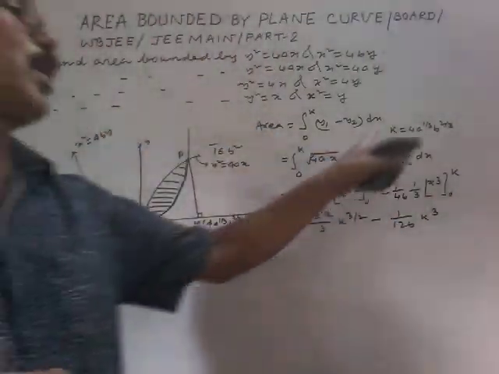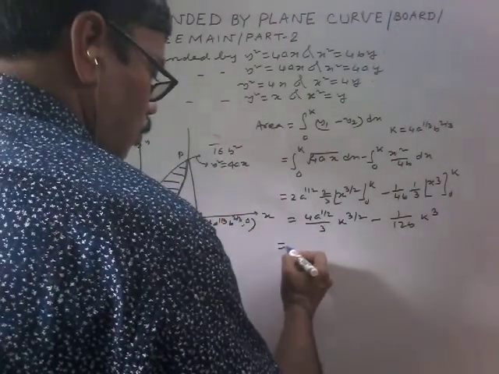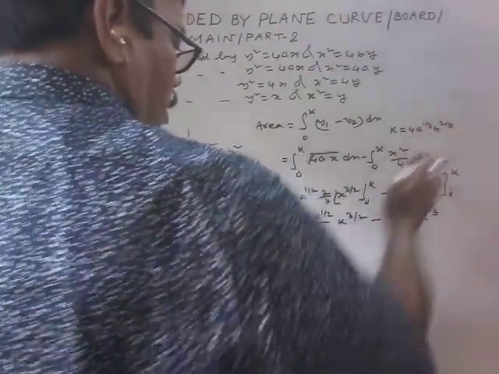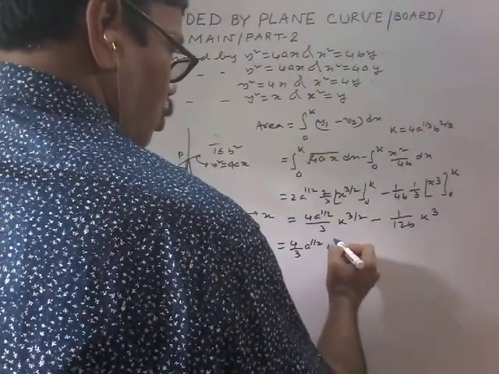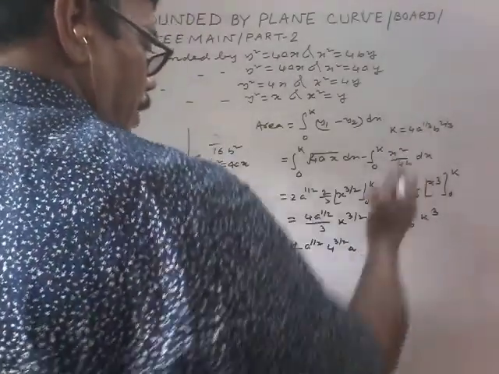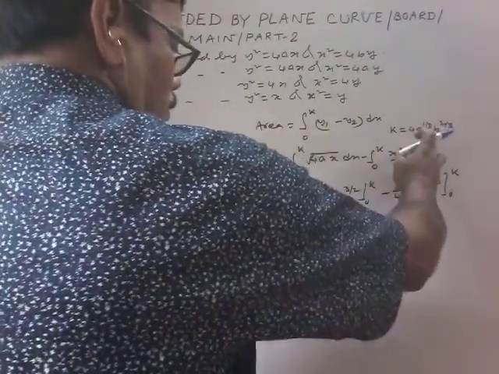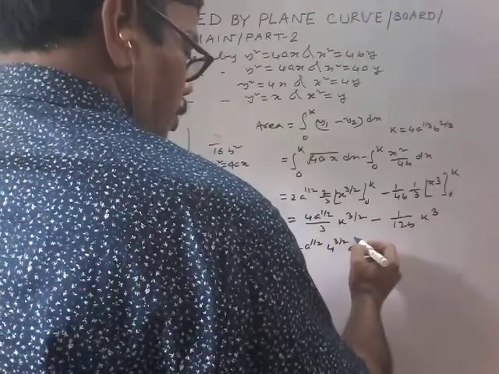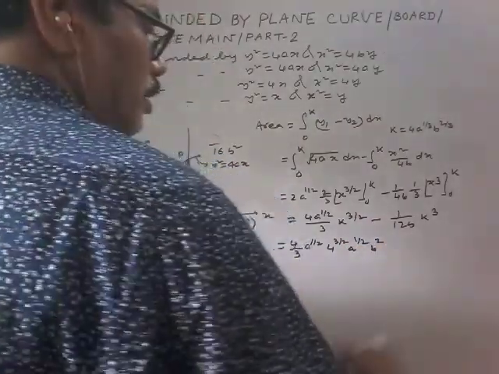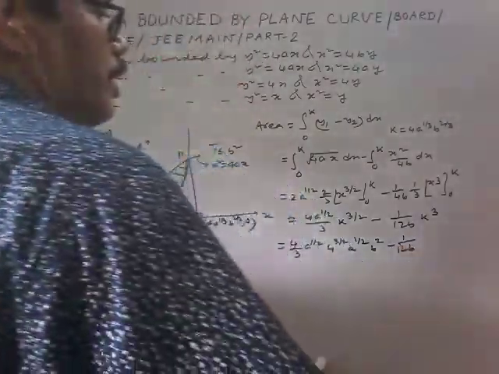Now put the value of k. So 4 by 3 a to the power half, k to the power 3 by 2. So 4 to the power 3 by 2, a to the power 1 by 3 and 3 by 2. So this is a to the power half and this is b square, minus 1 by 12b unchanged, k cube.